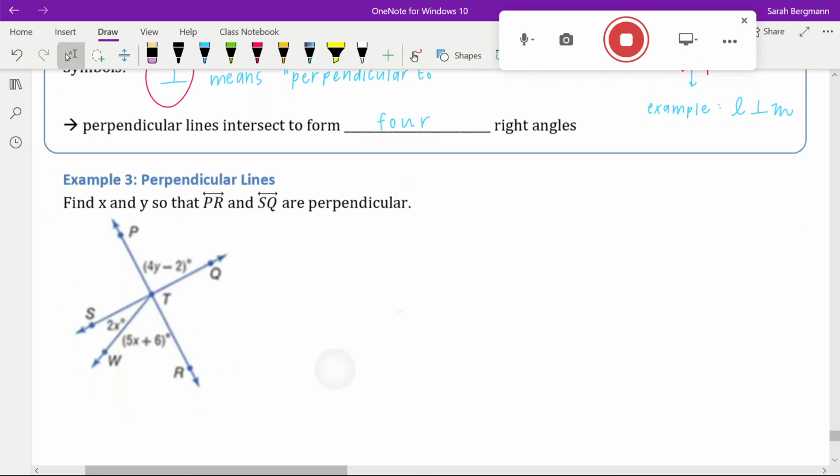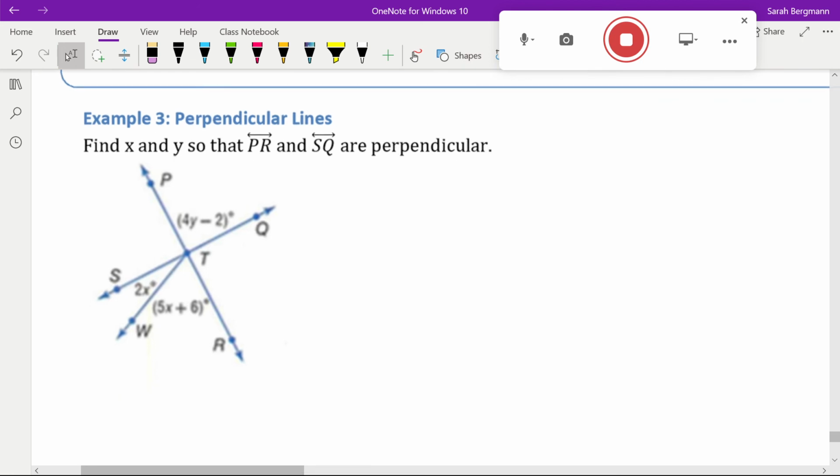Let's do a practice problem with perpendicular lines. It says find x and y so that line PR, which is this line here, and line SQ are perpendicular. I will look at the value of y first. If these are perpendicular, that means that angle PTQ must be a right angle.